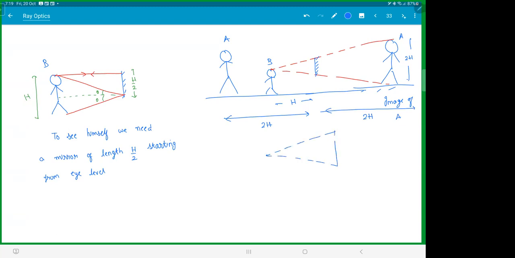From the similar triangles, this is height 2h, this is 3h. At a distance h, this height will be 2h by 3. Make sense?